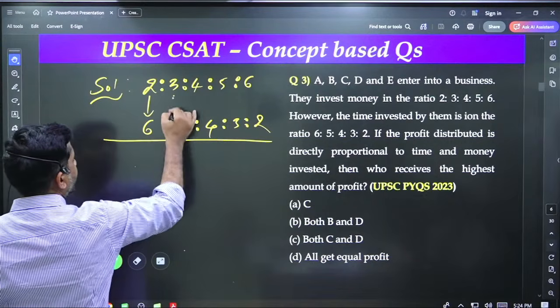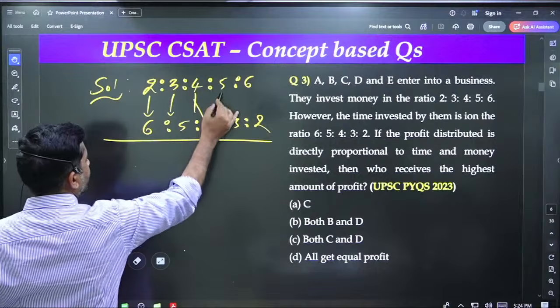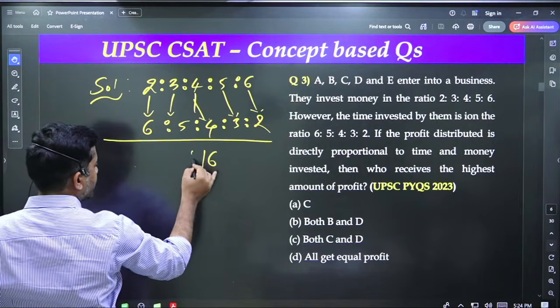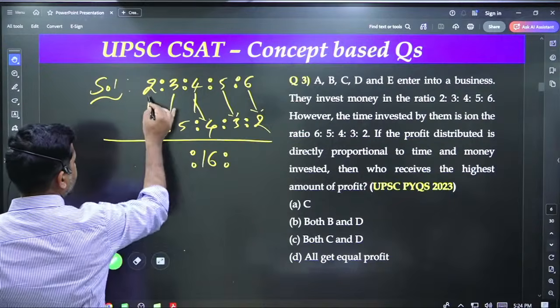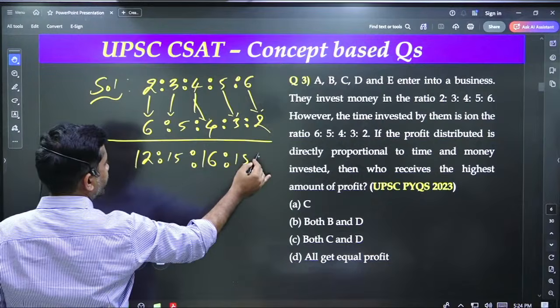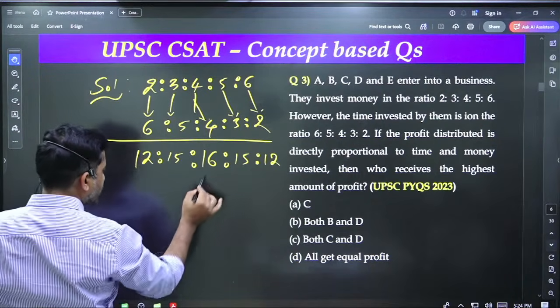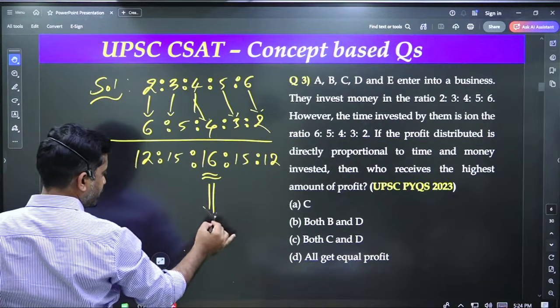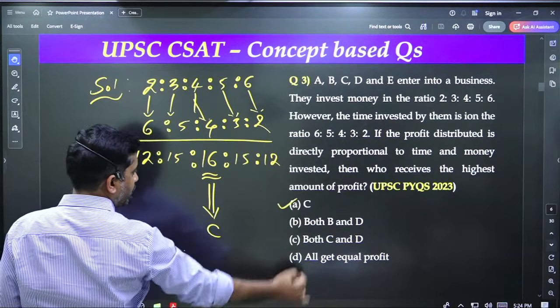If you multiply investment and time, we know only 4 4s are 16. This person will be getting a big amount. 6 2s are 12 only. 5 3s are 15 only. This side 15, this side 12. So this person is getting big profit. Who is this person? C. Means option A.